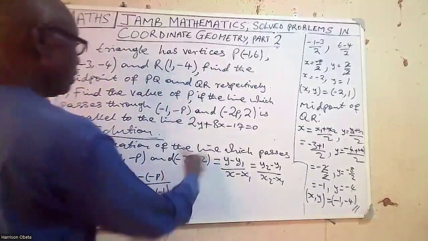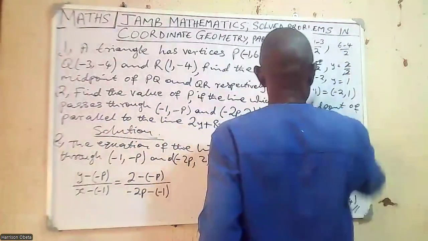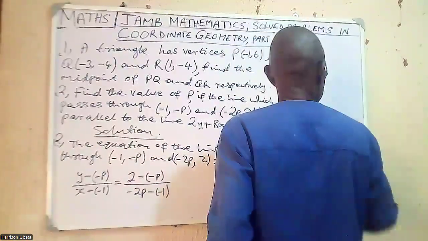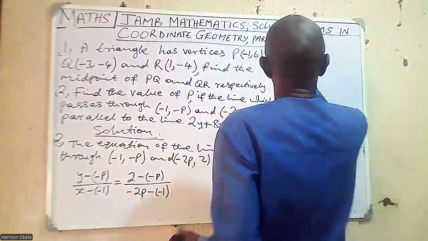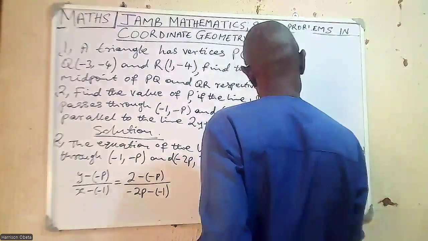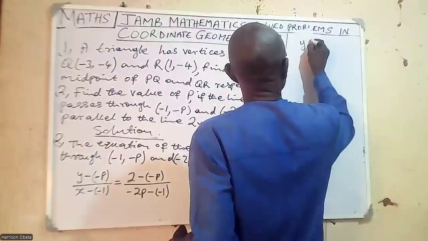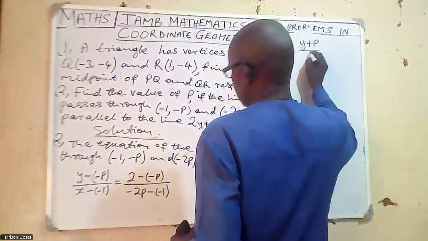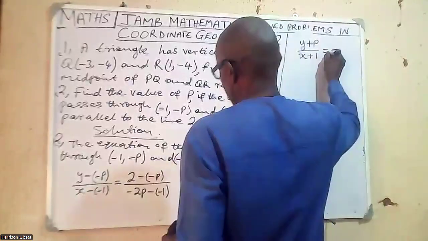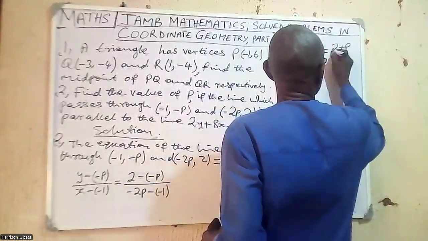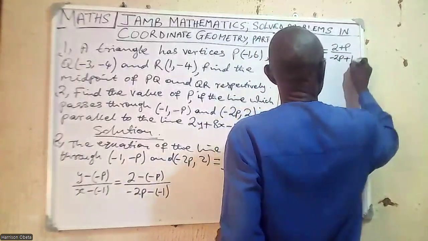Okay, that is picking the values. To simplify, we have y plus p all over x plus 1 equal to 2 plus p all over minus 2p plus 1.